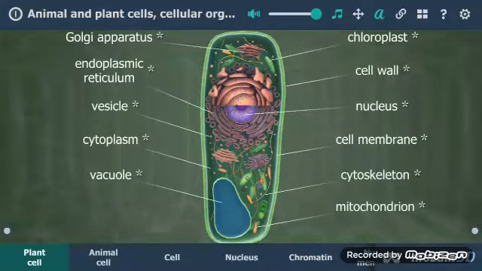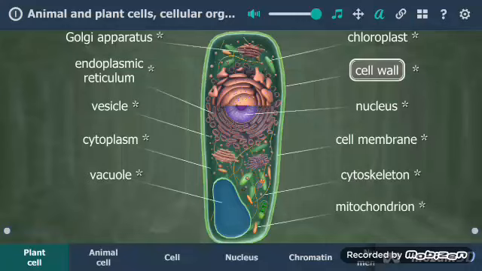There are certain structures that perform certain functions in a plant cell. Example, the chloroplast. The chloroplast contains chlorophyll, which aids photosynthesis in green plants. That is the main function of the chloroplast.